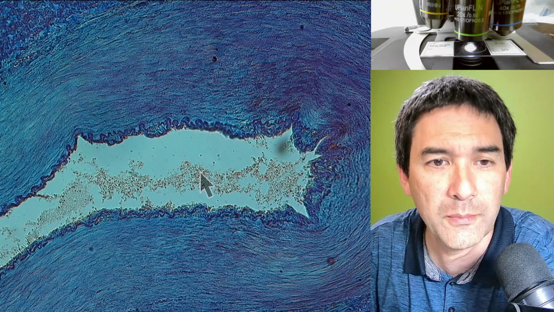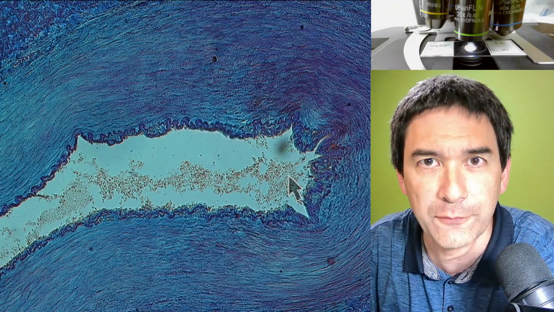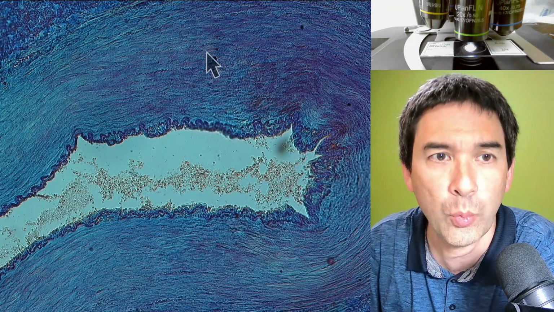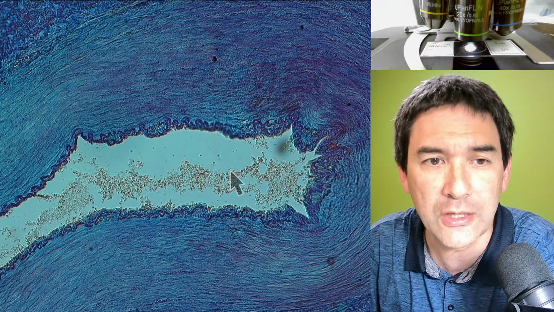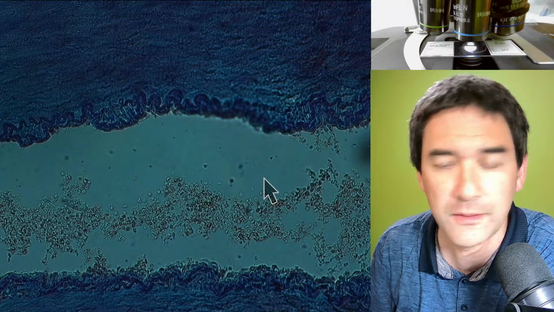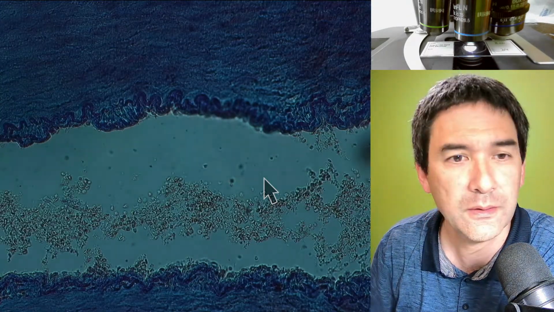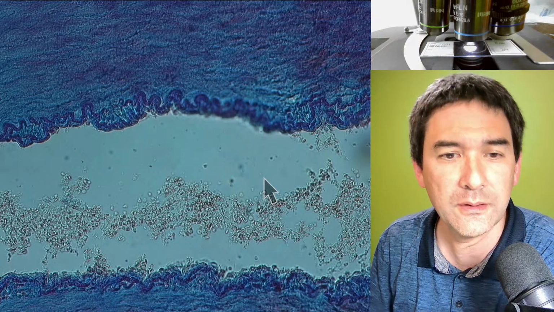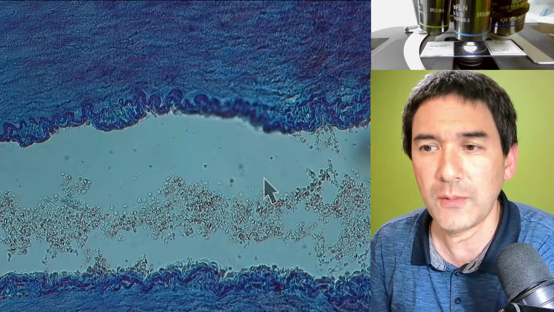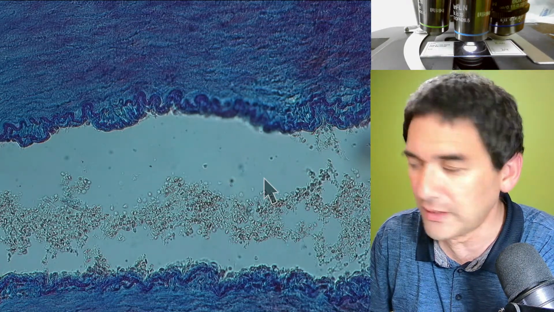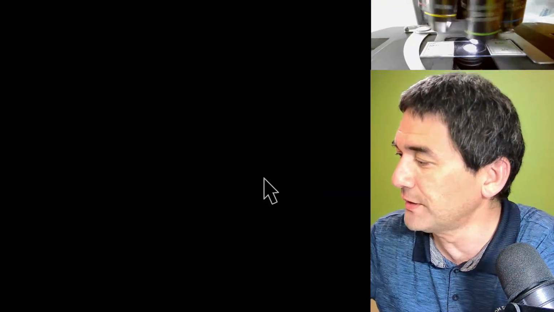But just to show you a little bit the size difference here between the wall of an artery and the actual red blood cells that we have in here. That's something I want to show you simply to compare the size difference.